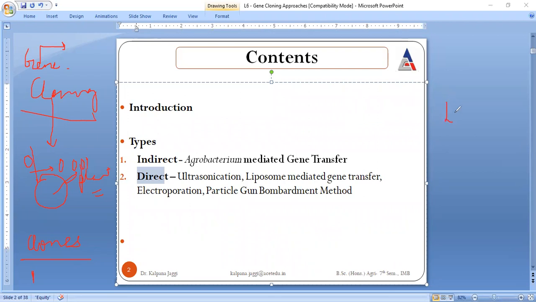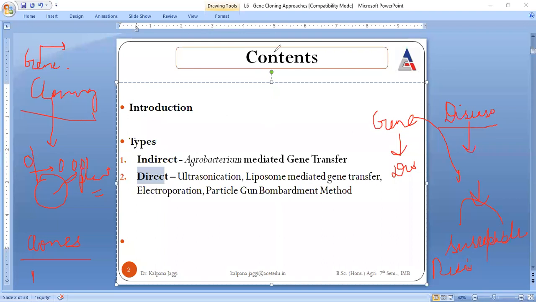Say if the plant is susceptible to the disease, then a gene can be taken from another plant that is no more affected by the disease, and this gene can be modified, and later on it can be inserted into the plant, so that that particular plant which was earlier susceptible to the diseases is now no more susceptible, and it is now resistant to the attack of diseases or whatsoever it is.